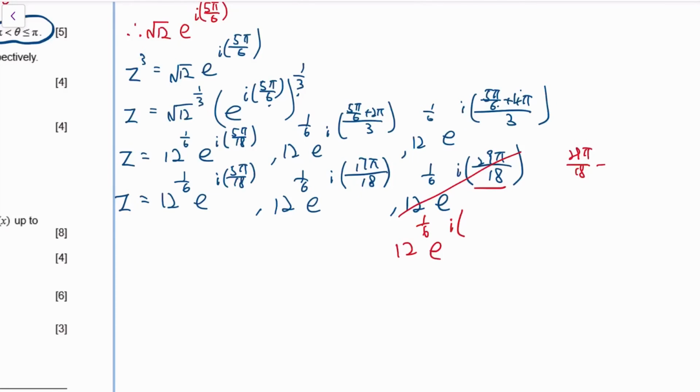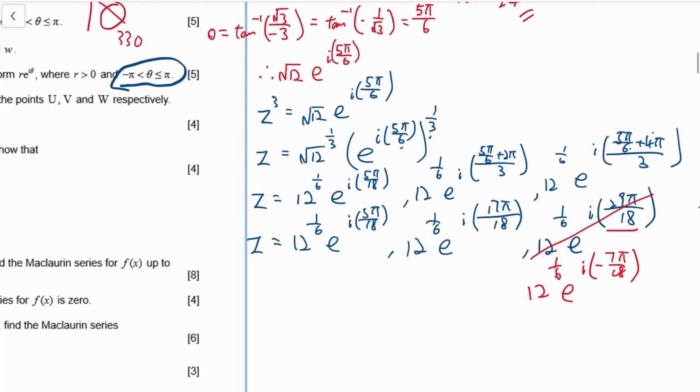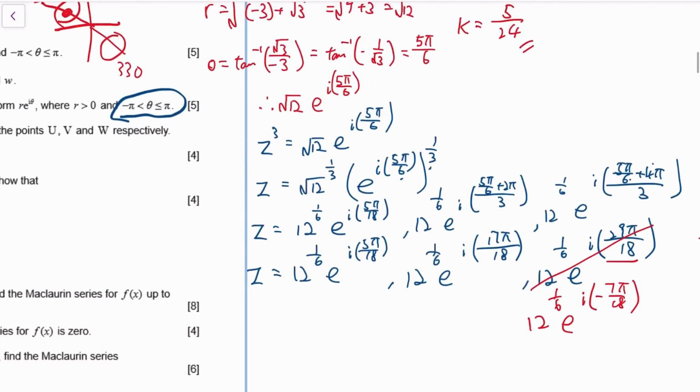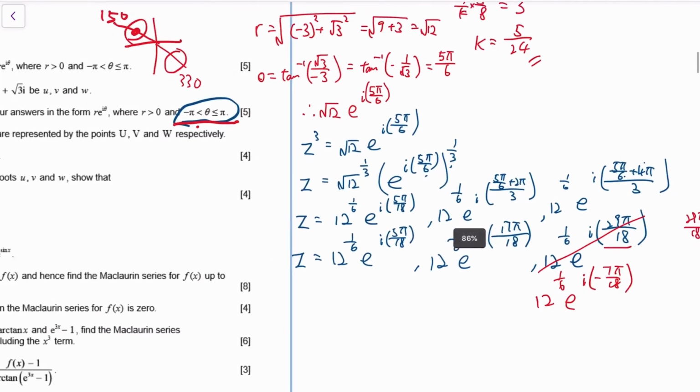What's 2 times 18? 36, I believe. So 29 minus 36, that's negative 7. Okay, that is new, I believe. In the old syllabus, we usually don't see this restriction. They usually don't mind how your argument looks like. Okay, be careful.